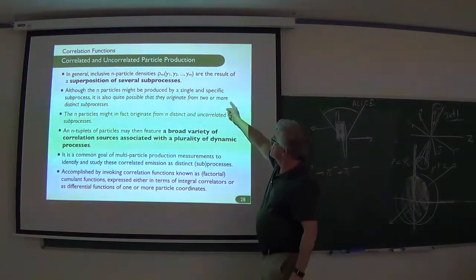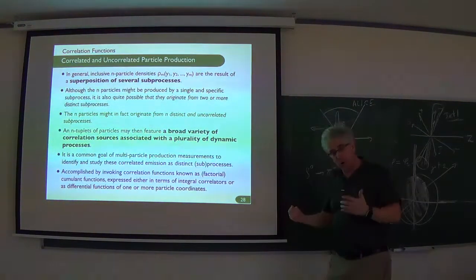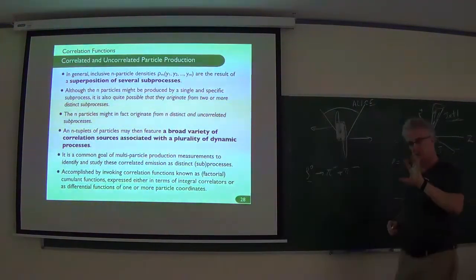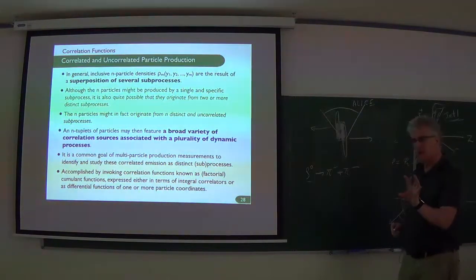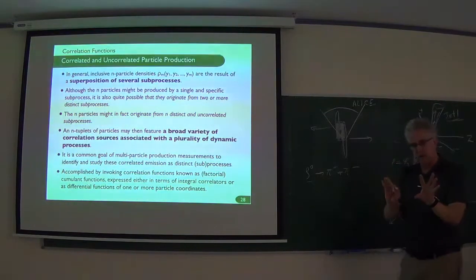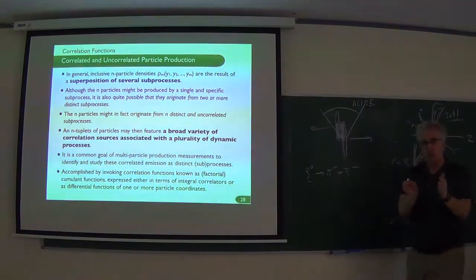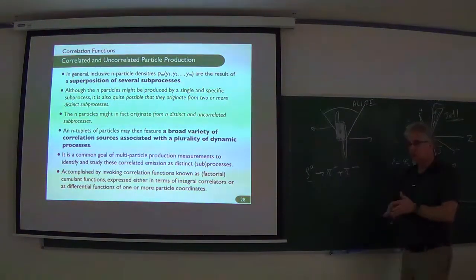Now, if I'm observing n, not m, but n particles, n being larger than m, it means that some of these particles may be correlated and some will be uncorrelated. And so as I look at n particle densities, some fraction will be associated with correlated production and some fraction will be uncorrelated.